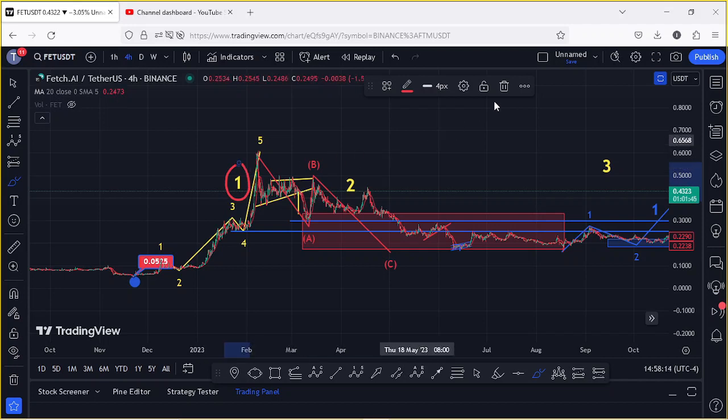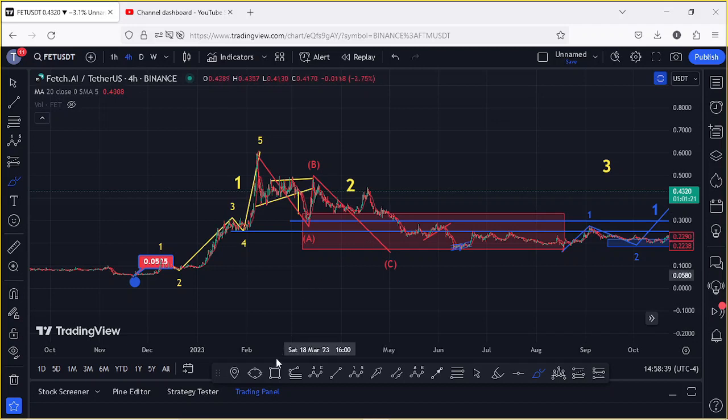Then we started a corrective structure in the formation of this wave 2 in a move that gave us a pullback into the minimum target area highlighted on the charts using this red target area, which is an area that we have fully maximized, and there are high chances that in the next coming weeks we are now going to see an impulsive move in the formation of this wave 3.